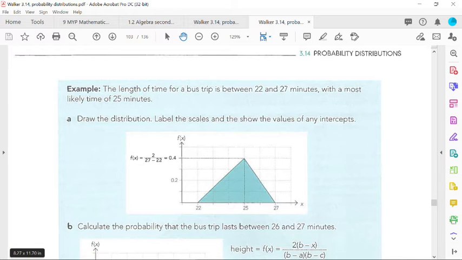You'll see that they've drawn this as a triangular distribution because we had a minimum, a maximum, and a most likely value, which is a mode. So minimum here, maximum here, mode here, which is just the point of the triangle. And notice that they put the 25 closer to the 27 because 25 is closer to 27 than it is to 22, right?